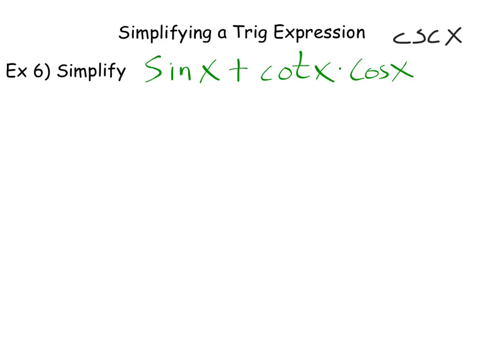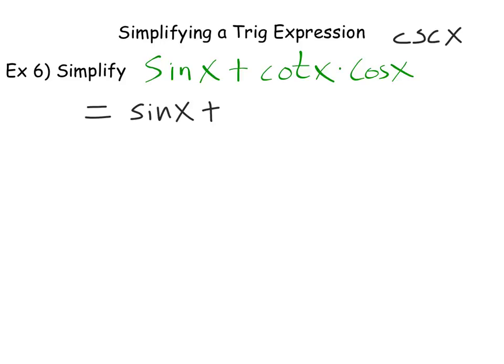Now, the factoring setup kind of hits a dead end because I can't. There's two terms being added. They don't have anything in common. Sine of x, there's absolutely nothing I can do with my identities to substitute sine of x. Cotangent's a different story.